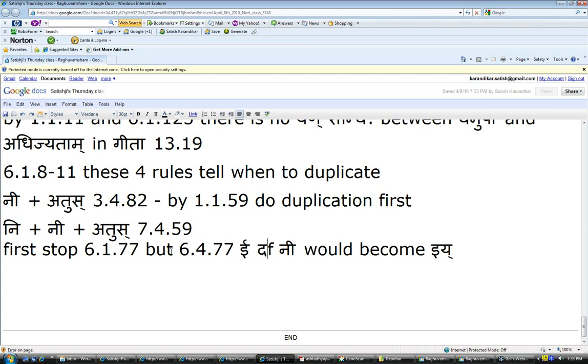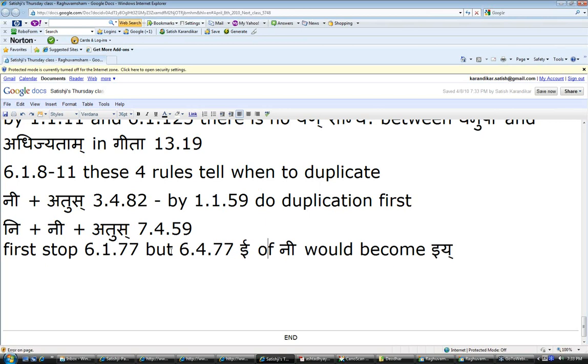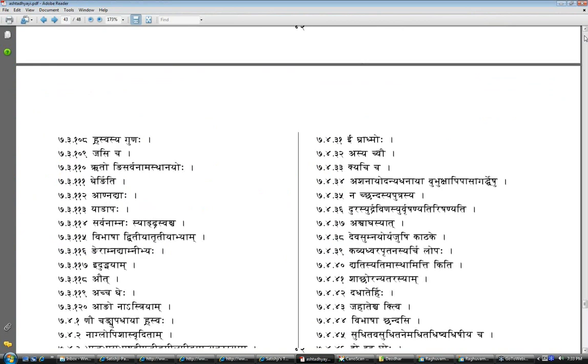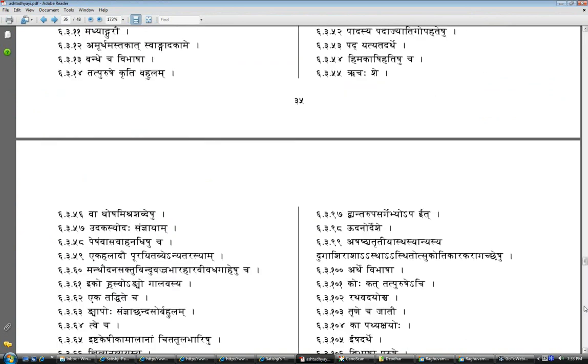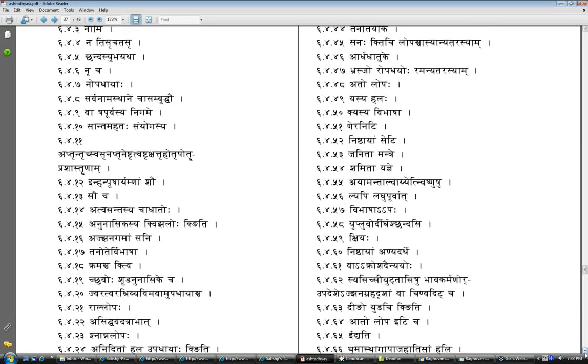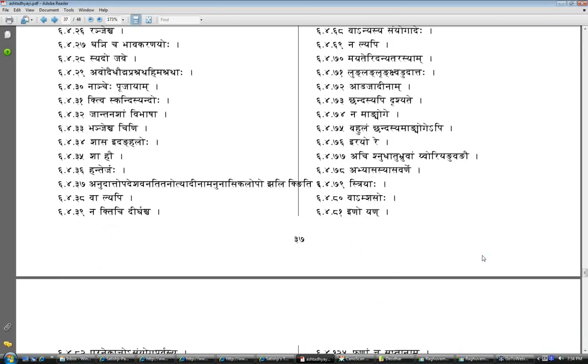The i of ni, okay, so that's what would have happened. So 6477 is now creating a problem for us. We want 6177. We want the yan to come in that place. But 6477 is a very important rule. Please remember this rule 6477. This will be the rule for this class. 6477: Achishtu dhatu brahvam yuor iyang uvangau.